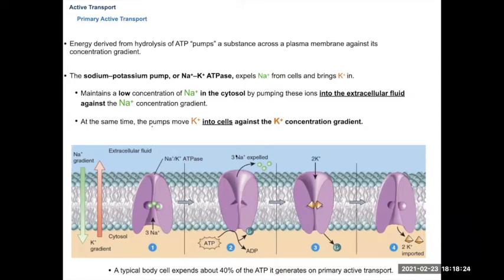And so the fact that your cell has low sodium concentrations and high potassium, right, is very crucial for many of its functions, right? So your typical body cell is going to use a lot of the ATP that is generated to maintain this sort of gradient of low sodium, high potassium concentration in there, right?